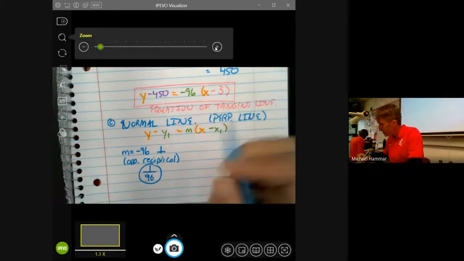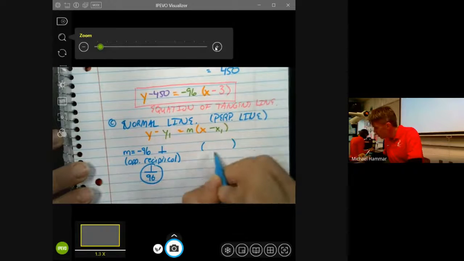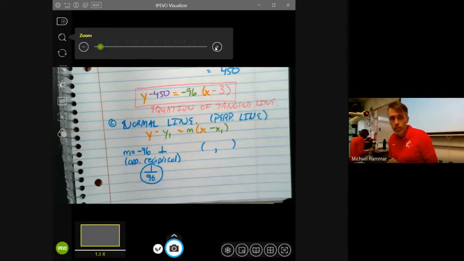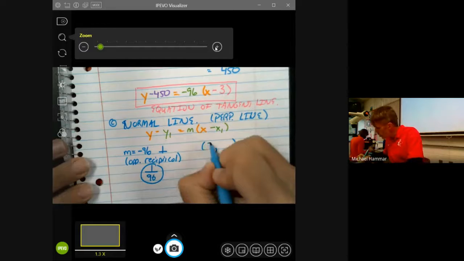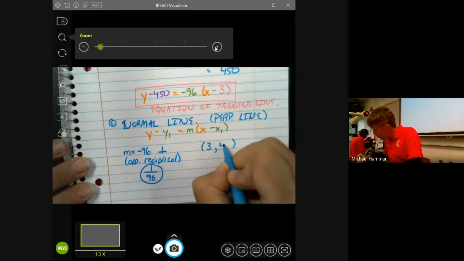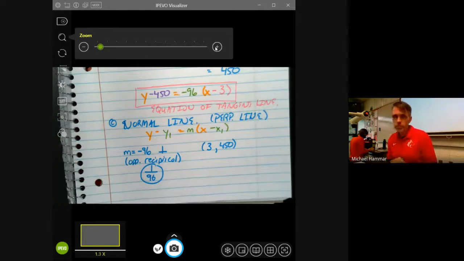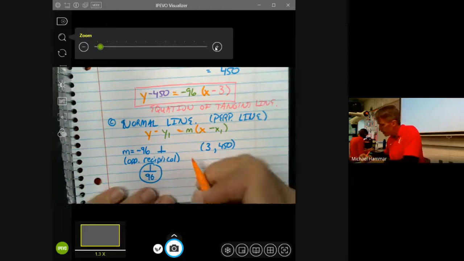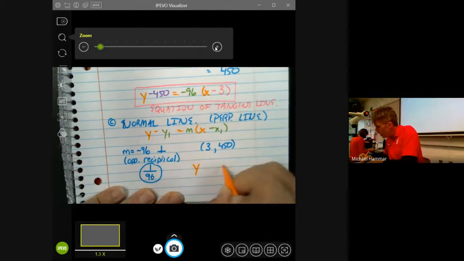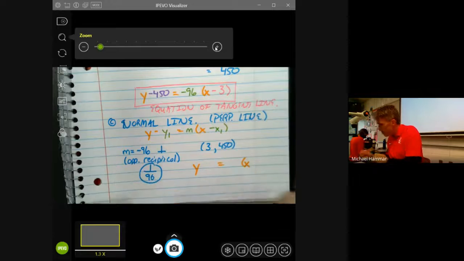Now, the point is still the same point. We're still going through 3 and 450. Now, what do we do? We use the same formula and plug our numbers in. We have y equals and we have x.